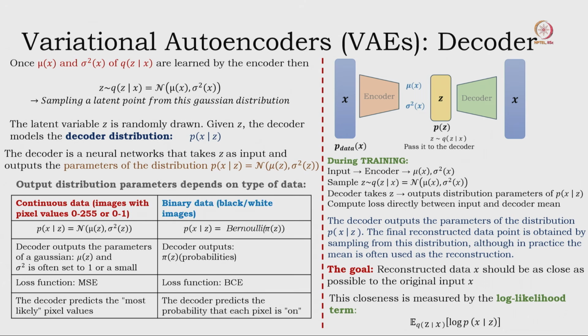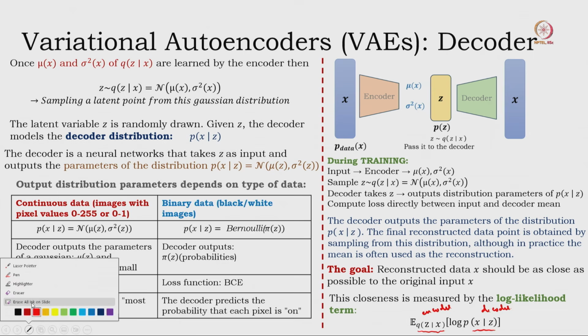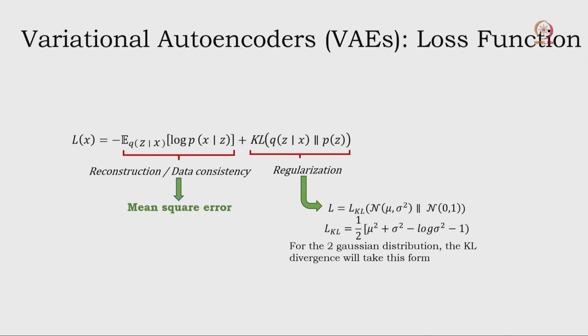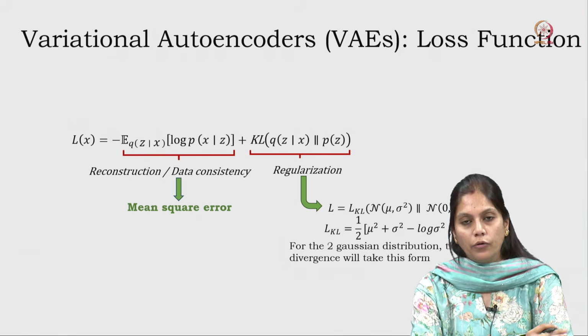So this portion is the encoder, and this is the decoder. We are going to measure how close they are by using log likelihood. With this, we will see what the loss function of VAE is.